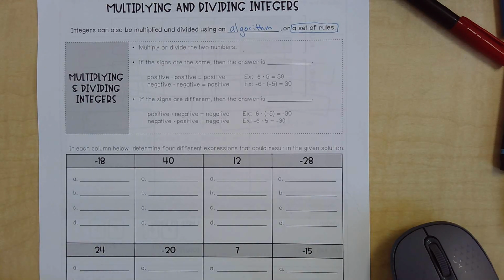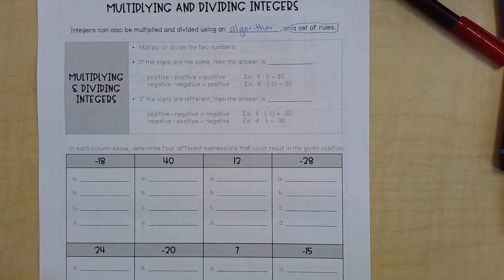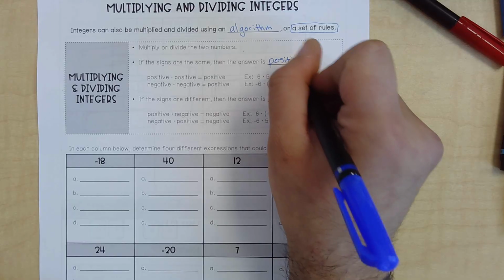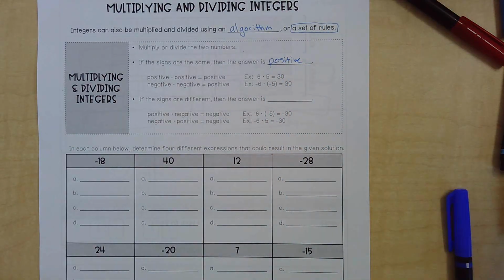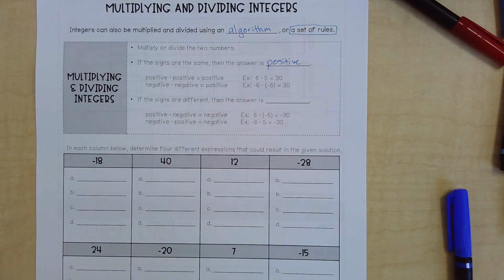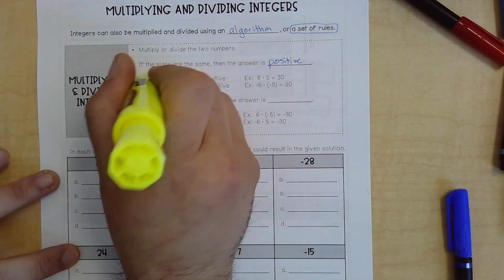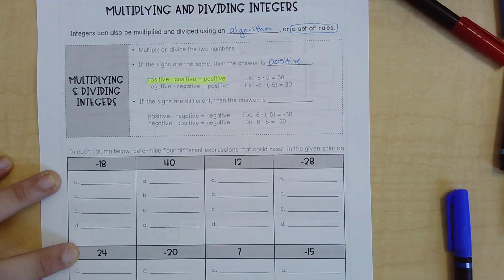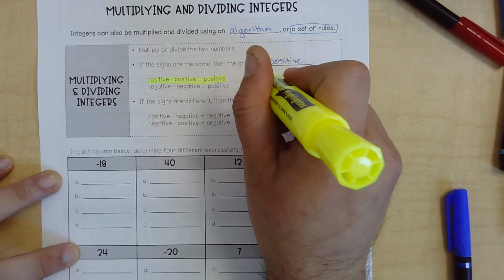So if the signs are the same, then the answer is going to be positive, okay? And we're going to back that up with some examples just now. If I get a highlighter, I'm going to show you that this says a positive times a positive equals a positive, okay? And here we have an example.